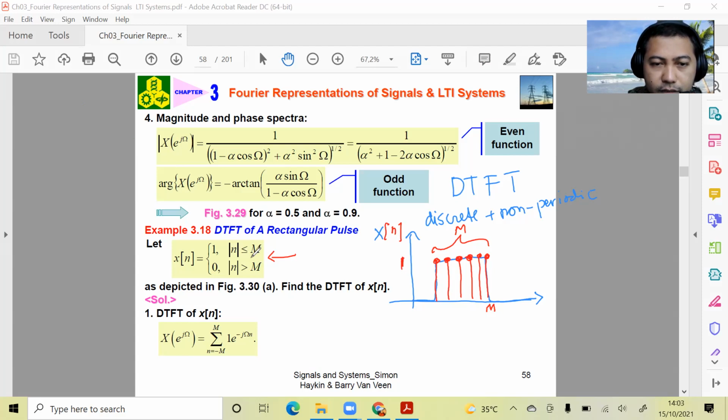We can write it like this: as long as n is less than m, the magnitude is 1. The total is m.